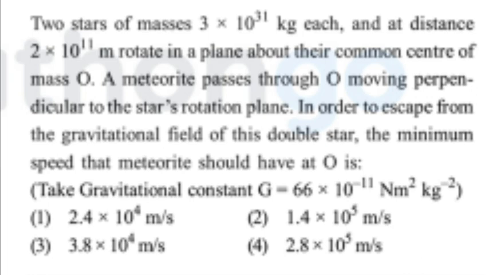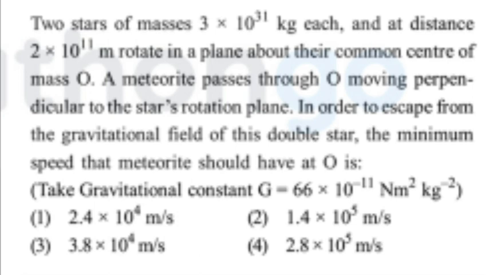Two stars of masses 3 × 10^31 kg each, at a distance of 2 × 10^11 meters, rotate in a plane about their common center of mass O. A meteorite passes through O, moving perpendicular to the stars' rotation plane.